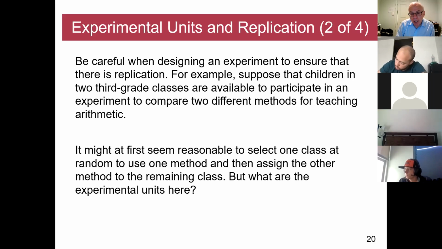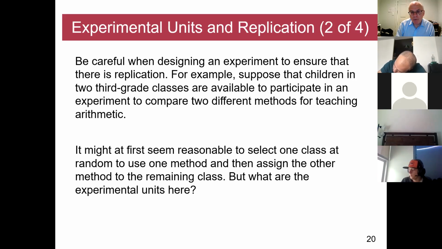So if that's the case, you want to have more than one class of students get a particular method of teaching arithmetic, not just one class. And that's where replication comes in. The fact that there are many students, say 30 in the classroom, doesn't mean that's replication, because the students are all getting the same teaching method.